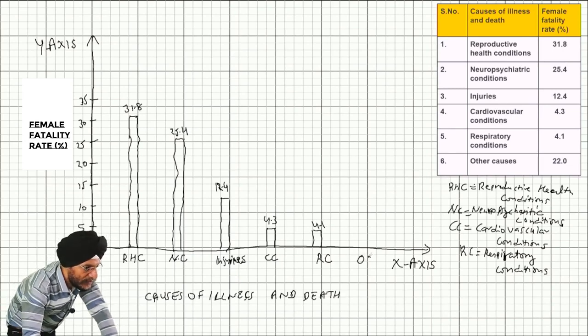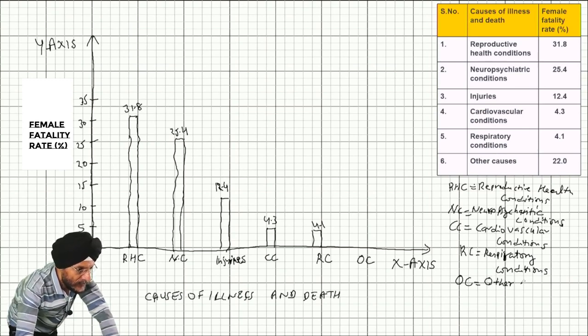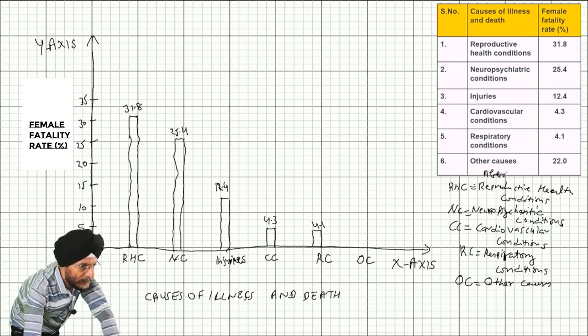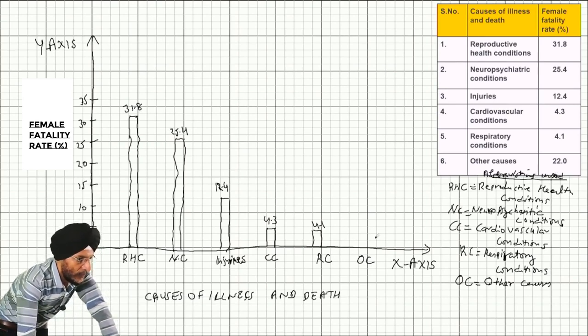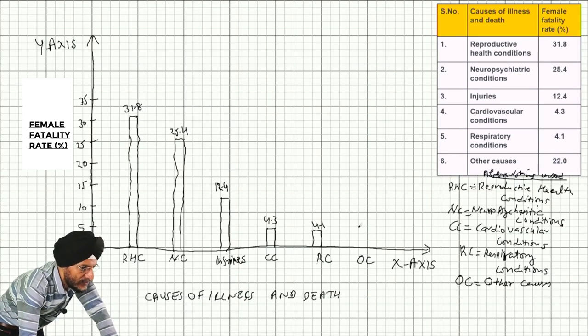Other causes you may mention as OC. We are taking the first word of all these causes. You may mention abbreviations here. Now this is the other causes. This is 22.